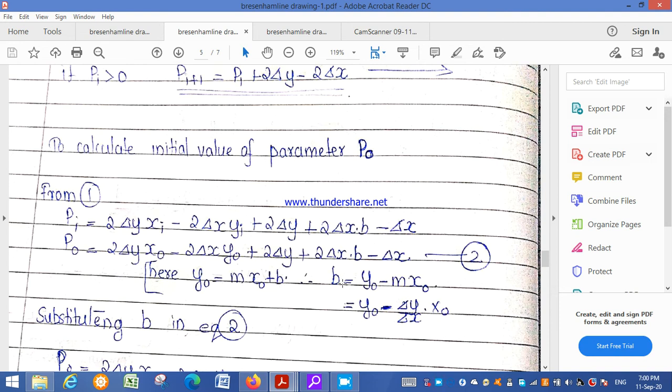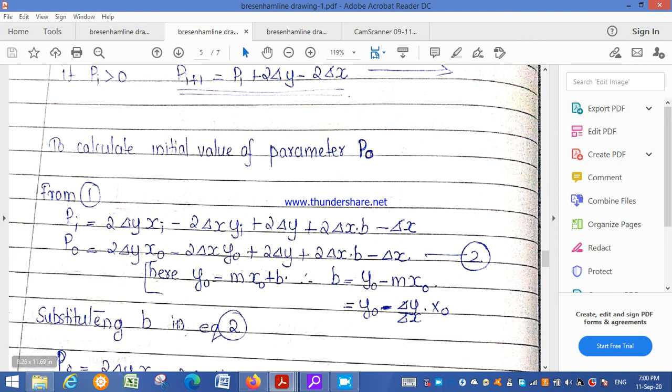From this equation we know that b is equal to y0 minus m x0. M is equal to delta y by delta x, so b is equal to y0 minus delta y by delta x into x0. So in this equation, instead of b, you substitute b is equal to y0 minus delta y by delta x into x0.